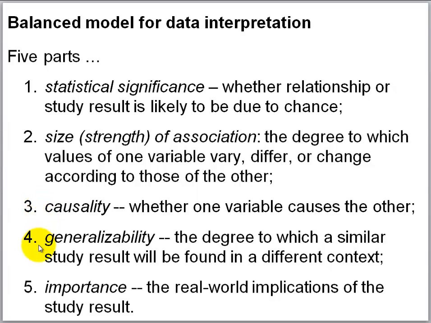As we get to generalizability, the statistical generalizability is quantitative reasoning. But as you go beyond the study context to non-statistical generalizability, there's a great deal of subjective judgment involved. It's much more qualitative reasoning than quantitative. And finally, the assessment of the importance of the study result is qualitative.